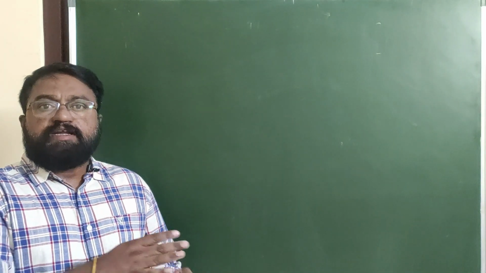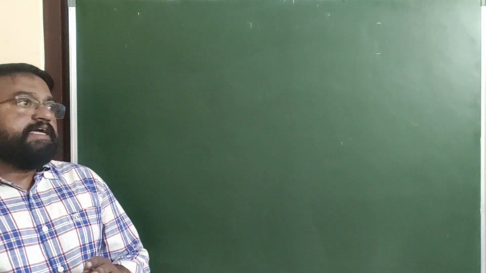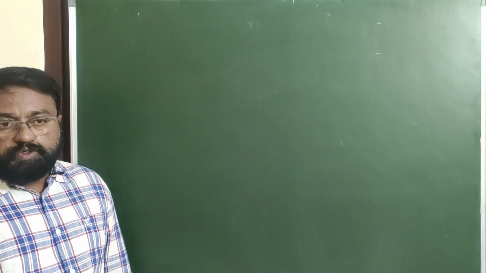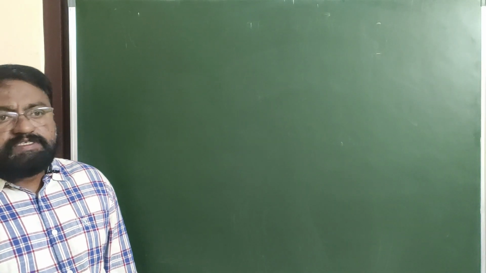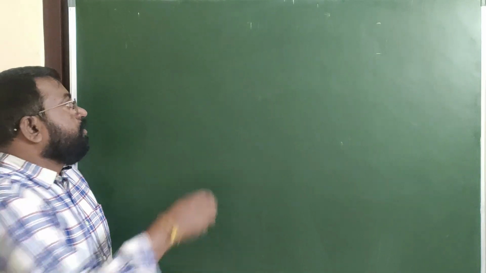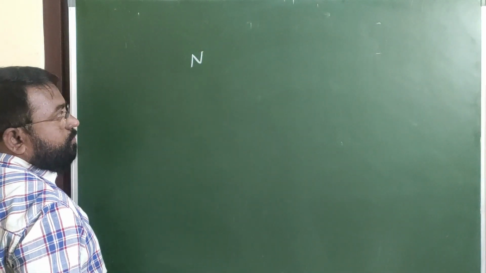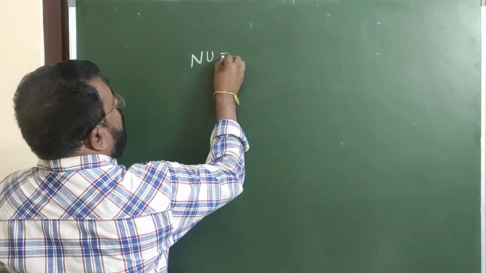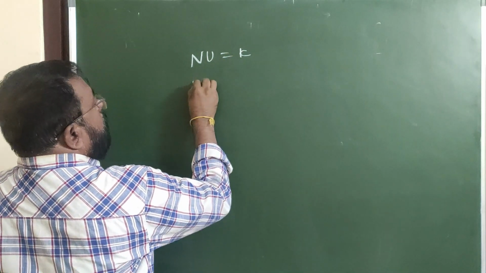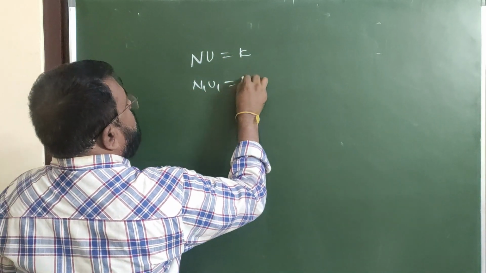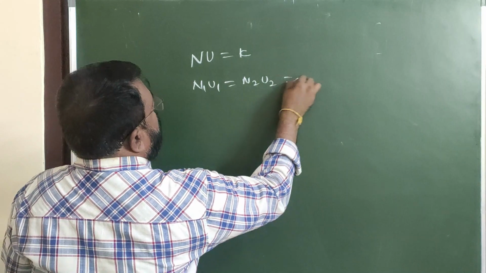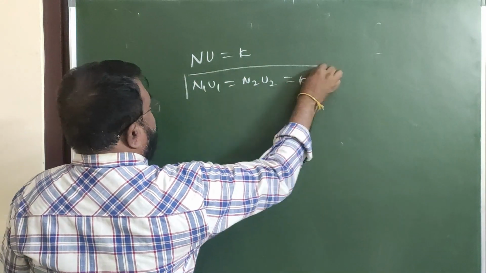Newton can be converted into dyne, and dyne can also be converted into Newton. In any system, the numerical value of the physical quantity times its unit is equal to a constant. Therefore, N1 U1 is equal to N2 U2, which is equal to a constant.